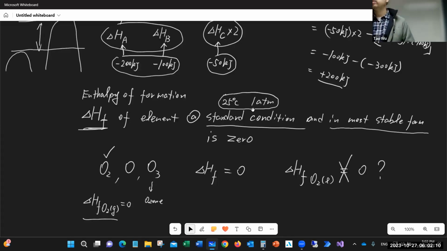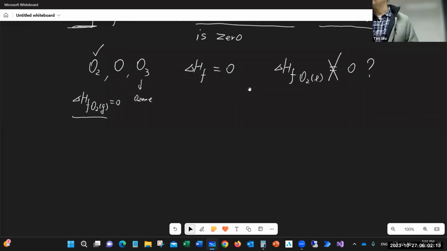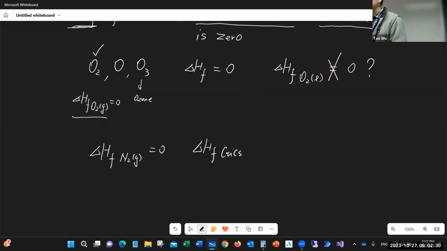If you're talking about the enthalpy of formation of nitrogen gas, that's going to be zero, because that's N2. The enthalpy of formation of solid copper, sure, that's going to be zero.